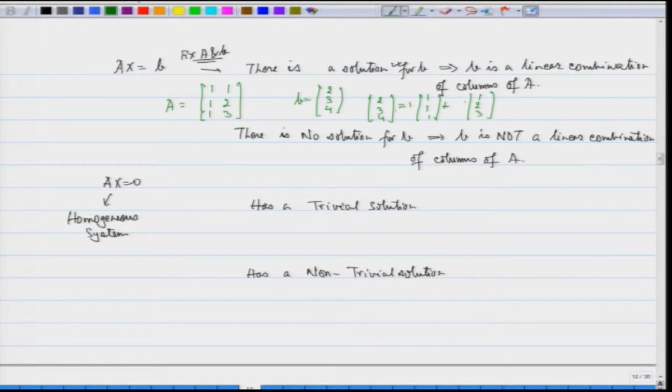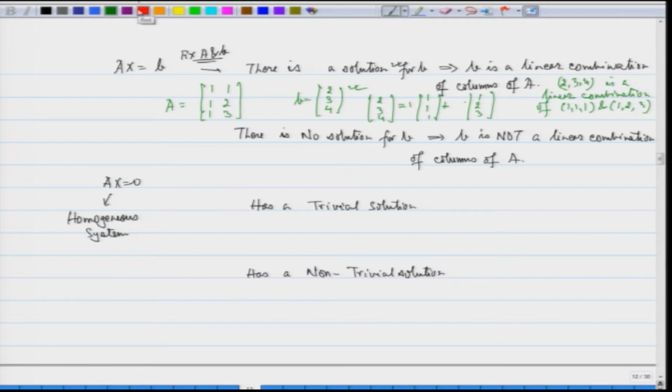So, this 2 3 4 is a linear combination of 1 1 1 and 1 2 3, fine.